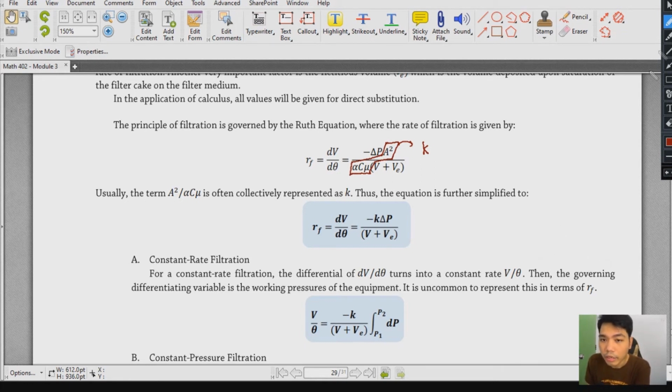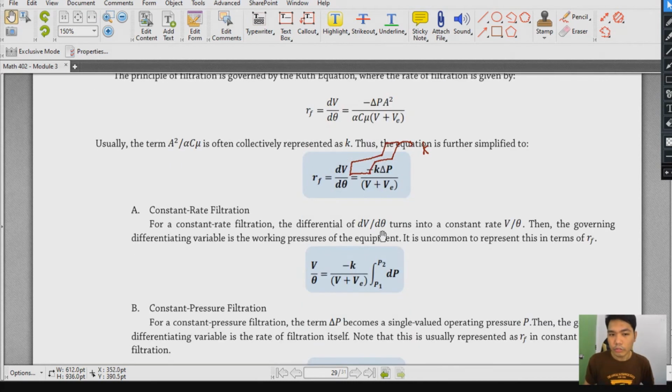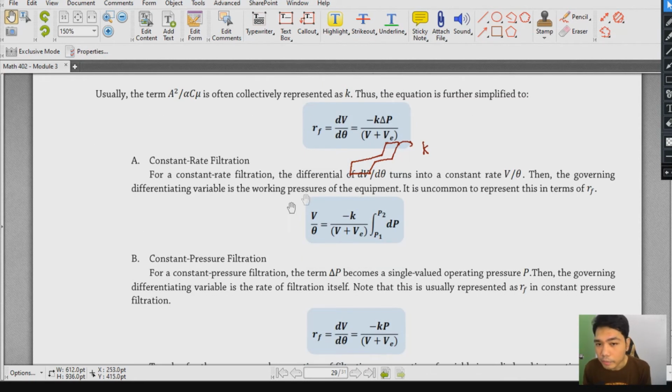Yan. And then this is summarized in this expression, negative K delta P over V plus V sub E, wherein this V is the amount of filtrate that is being collected, and then this V sub E is the fictitious volume. So yun lang. And then if you have a constant rate of filtration, this becomes modified. Instead of having dV over d theta, since we have a constant rate, mawawala na yung change nila.